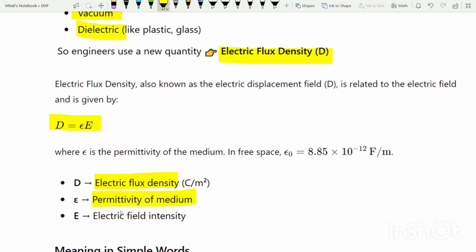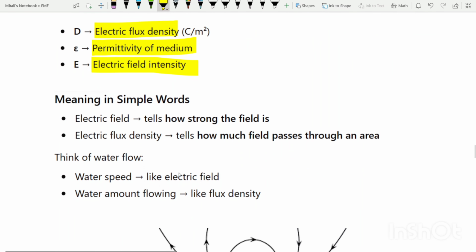Epsilon is the permittivity of the medium and E is the electric field intensity.